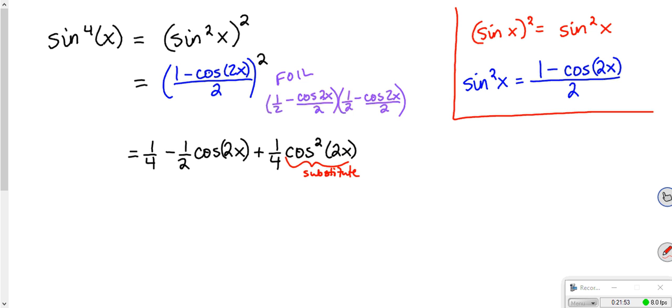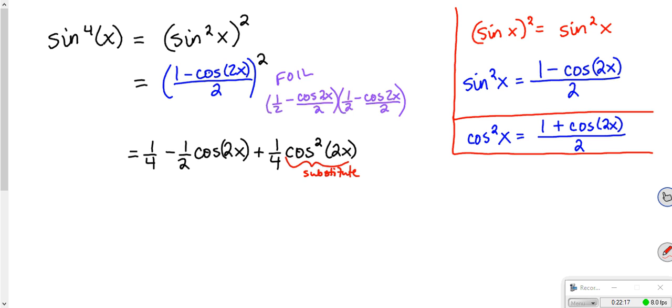with another formula. Okay. My second formula here is my cosine squared x formula. Again, it's on slide 11 of the PowerPoint, is 1 plus cosine 2x over 2. Okay, so that's my other one.